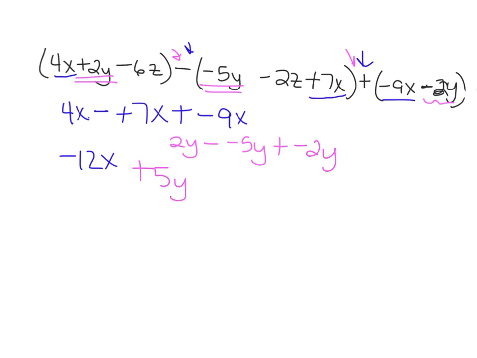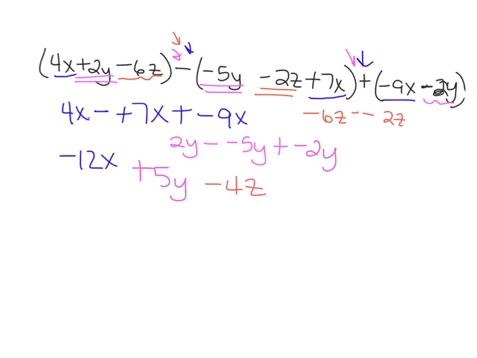Okay, all right, so now what do we have? We have a negative 6z. Pick up my minus. I have a negative 2z here. And then I don't have anything in the last parenthesis, so I can't pick anything up. So negative 6z minus negative 2z gives me negative 4z.